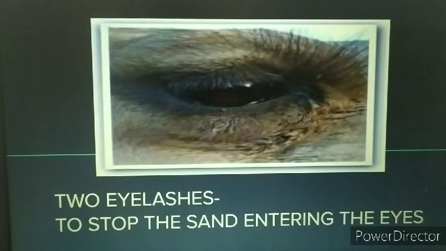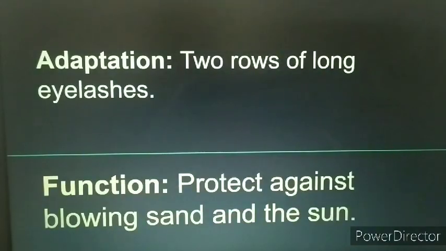So for that reason, camels have special eyelashes which protect the delicate eyes from the sand particles. It has two rows of long eyelashes, and their function is to protect against blowing sand, and also to protect from the hot rays of the sun.